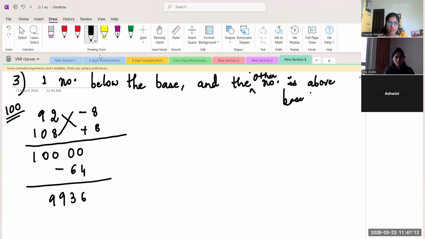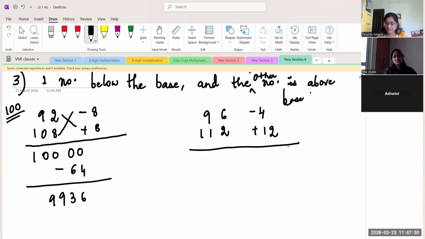One more question we will try for this method. 96 and 112. So 96 minus 100 is minus 4. 112 minus 100 will be plus 12. Correct? So one is minus, one is plus, and two zeros are there in the base. Just I'll repeat two zeros in the RHS.